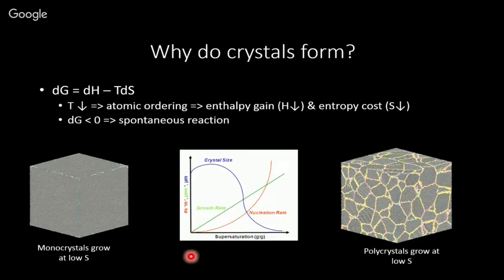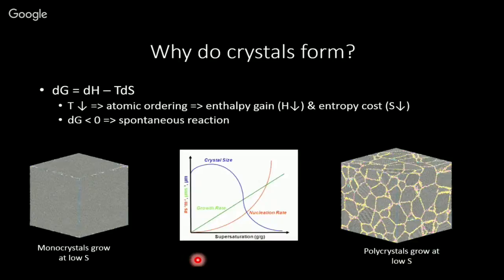When you have a very high supersaturation, nucleation rate is high, and you're going to get bigger or smaller crystals? What do you think? Smaller, actually. And you're going to see why. At this point, we haven't really tackled that yet, but very soon you'll see why.